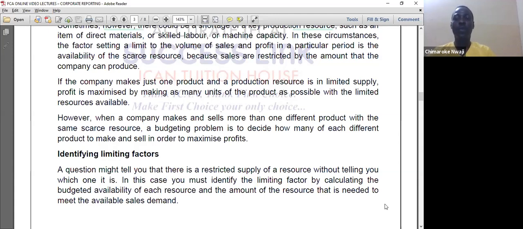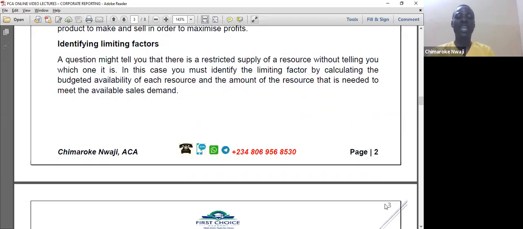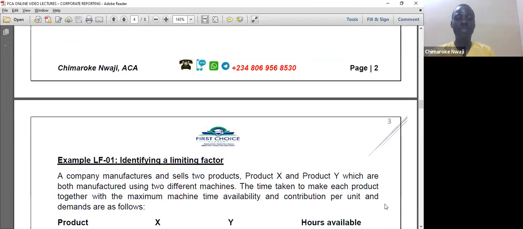It means what you have can meet what is required, and nothing is restricting you. But if what you have is less than what is required and something is restricting you, that means you've identified the limiting factor. Let's look at a question now to see how we can identify a limiting factor.